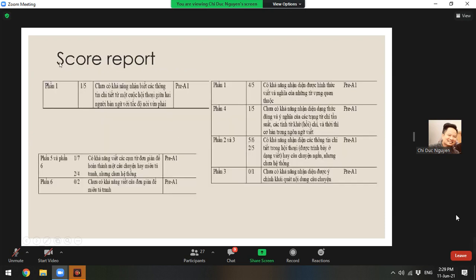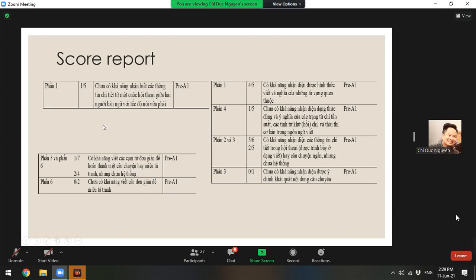So here is something that you are going to use to communicate the score meaning with the students themselves or with their parents. For example, here we say that for the first part of the test, the student achieved only 1 out of 5 correct answers.